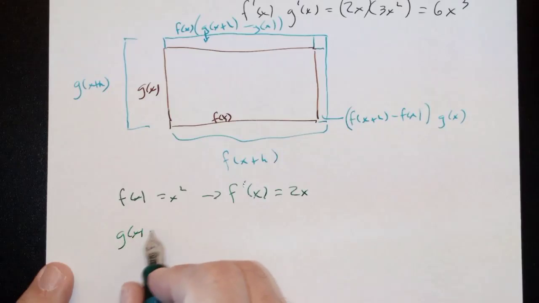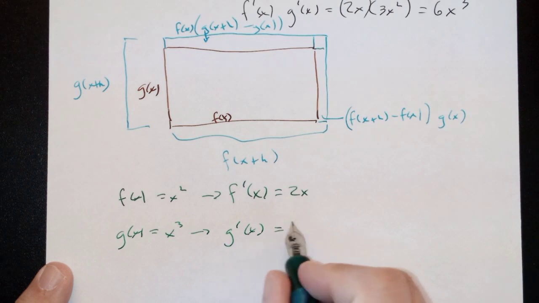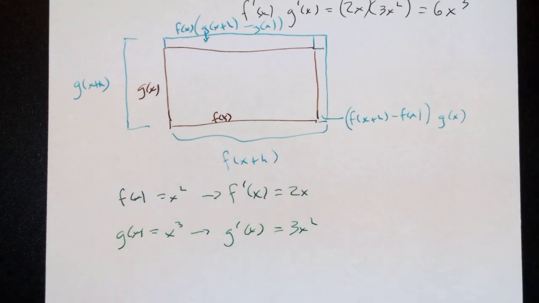G of x is x cubed. Its derivative was 3x squared. Instead of multiplying the derivatives together, I'm going to mix and match one derivative and one non-derivative.